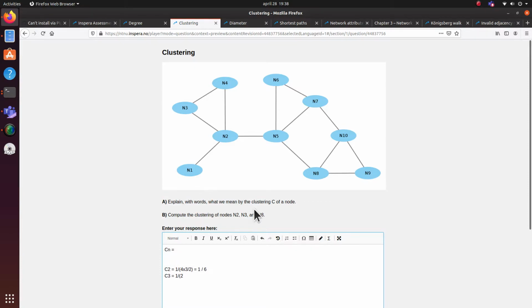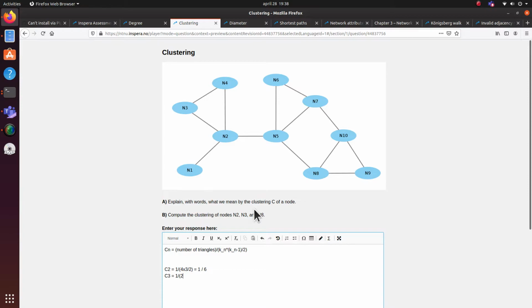Cn equals the number of triangles divided by Kn multiplied by Kn minus 1 divided by 2.